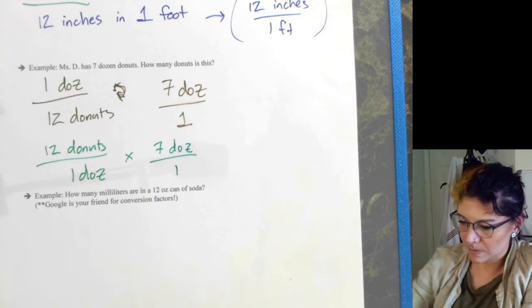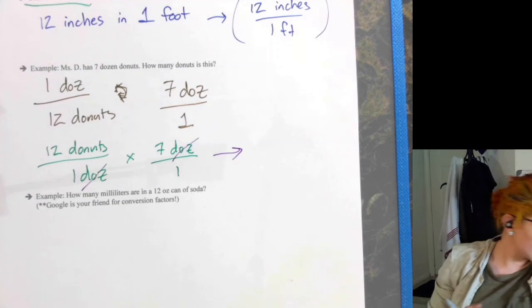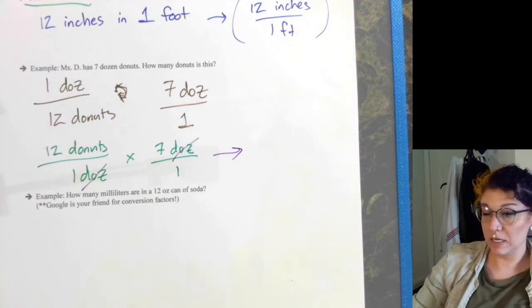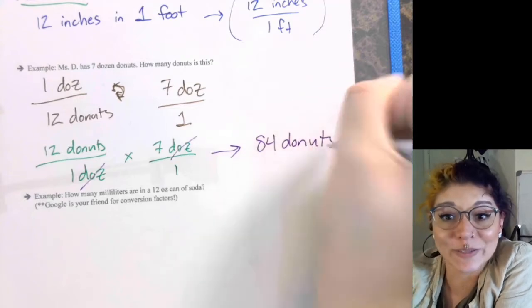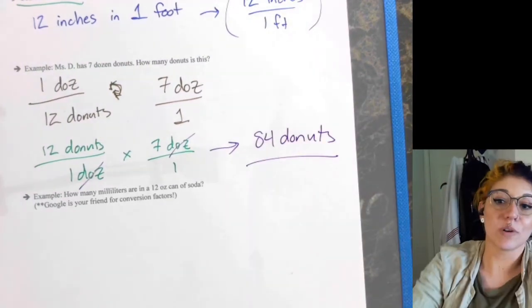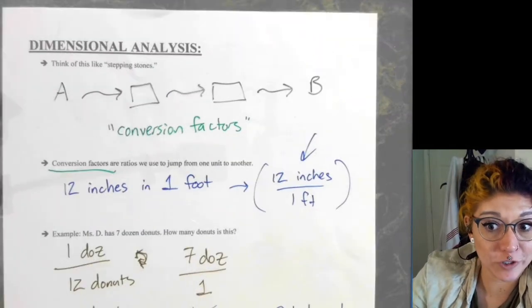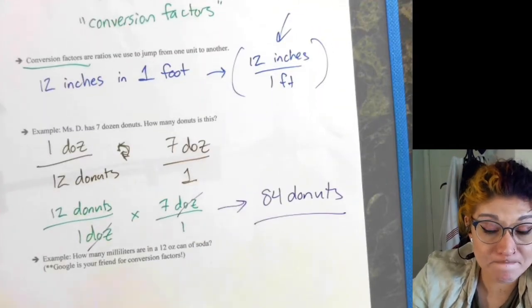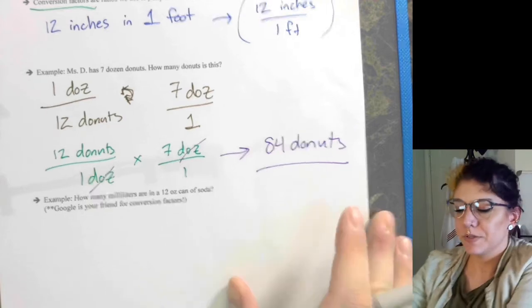This way, our dozen cancels out, and we get that 12 times 7 is 84 donuts. Ooh, I wish. That sounds lovely. You end up with 84 donuts. So, dimensional analysis. Point A to point B with a conversion factor. Let's look at one more example.